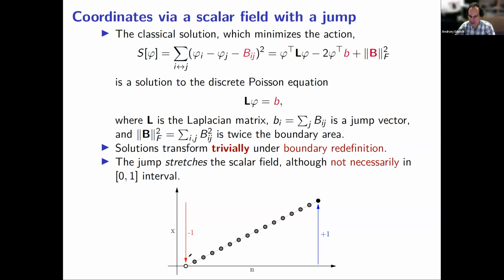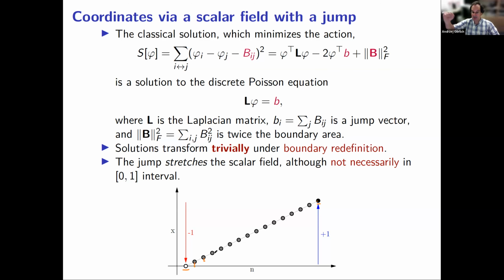It's the easiest way to see it in one dimension. If you introduce a jump between the black bead and the white bead, and you want to minimize this action, you just stretch it so that the change is more or less constant.